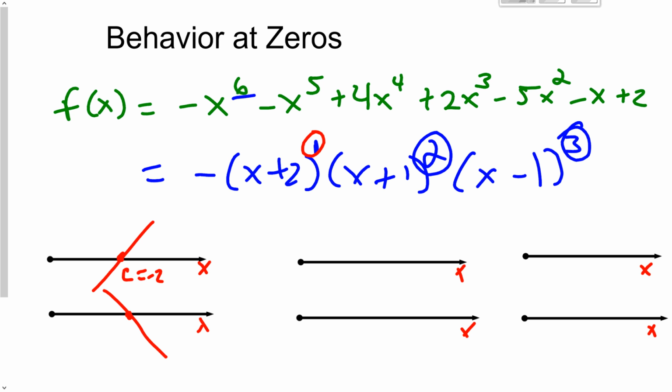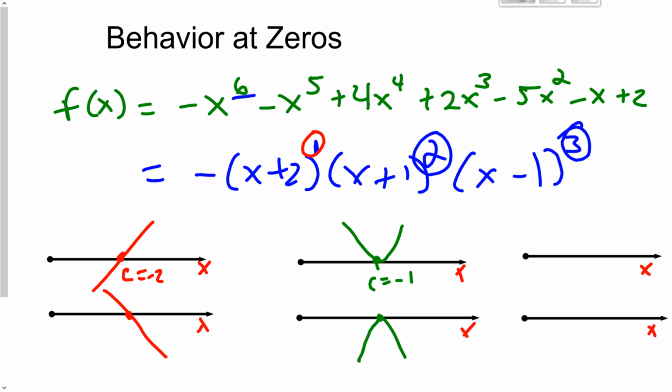If there's a multiplicity of 2, like x equals negative 1 here, so c is equal to negative 1, when it comes down to that 0 and hits the x-axis, it's just going to bounce right back. Or it could be coming from the increasing side and bounce right back down.